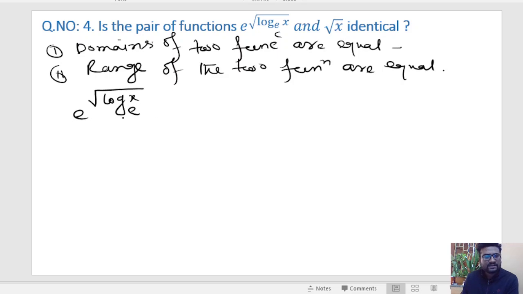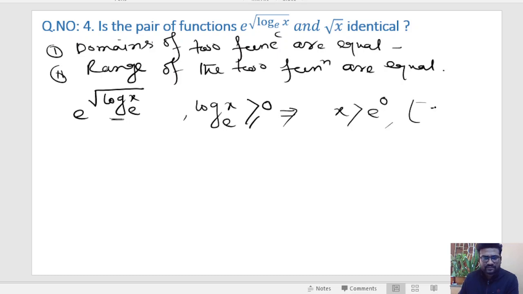So we can see the given function is root under log of x base e. So log value is greater than or equal to 0. So log x is greater than or equal to e to the power 0, because e is greater than 1, and we can get the result x greater than or equal to 1.